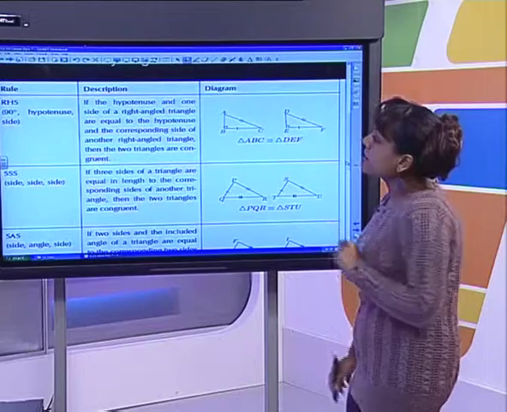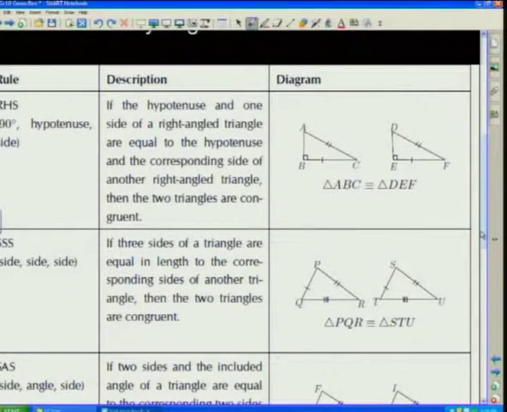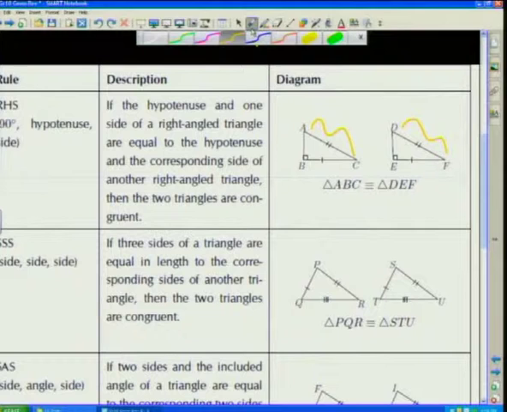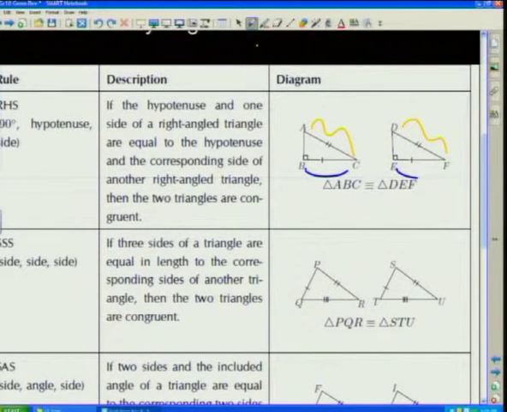All right, the first one, right angle, hypotenuse, side. So if we look at the diagram, we've got triangle ABC and triangle DEF. If the hypotenuse, which is this side AC, is equal to the hypotenuse DF, and we have side BC equaling EF.